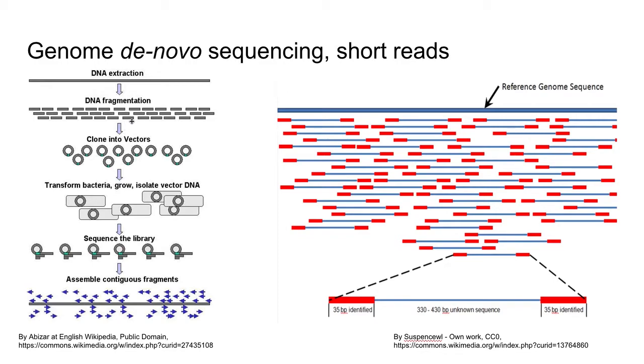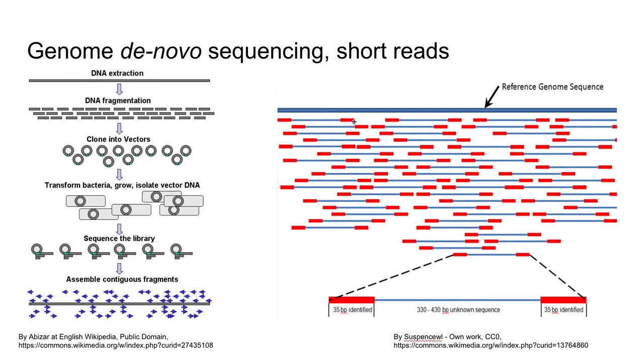So after the fragmentation, we have fragments of a certain size, and we can determine how large these fragments should be. And then we can sequence these fragments. Since this is a short read technology, we would usually sequence around 150 base pairs from either end, and this is displayed here.